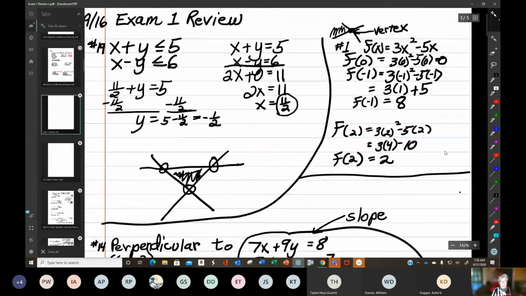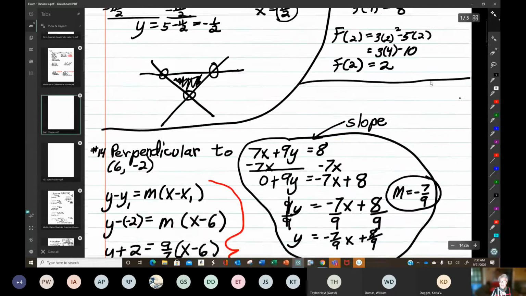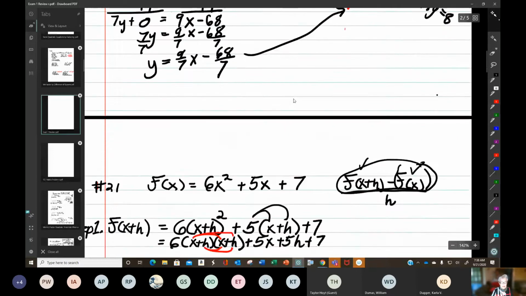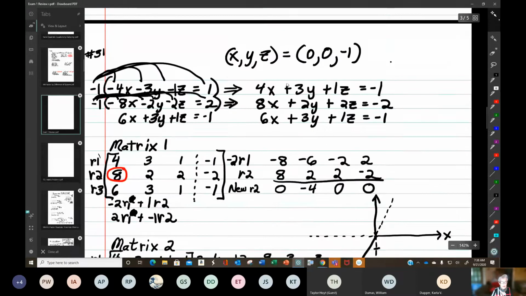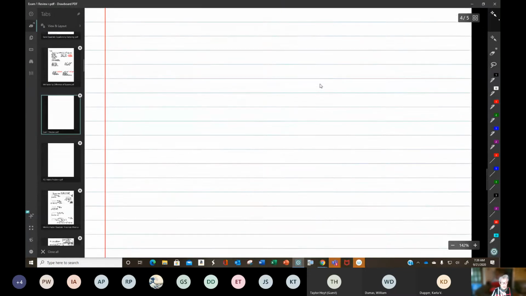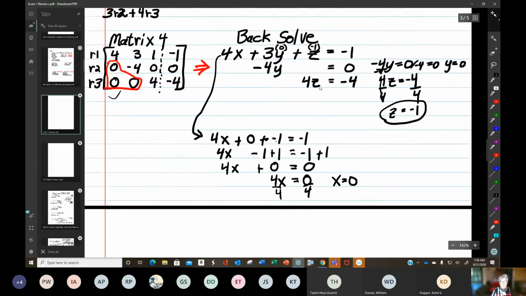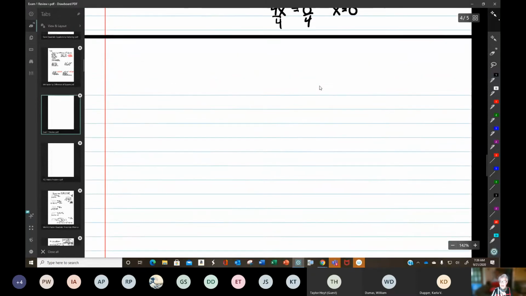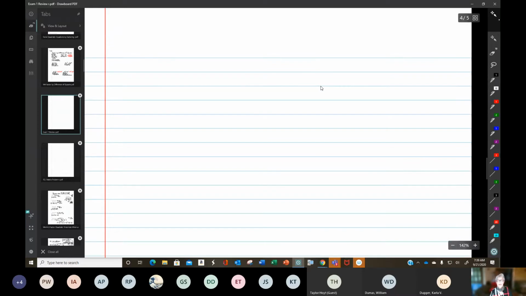This is perpendicular lines. This is systems. This is the difference quotient. This is a matrix, so we did a matrix on Wednesday. So now, why don't we take up from there?